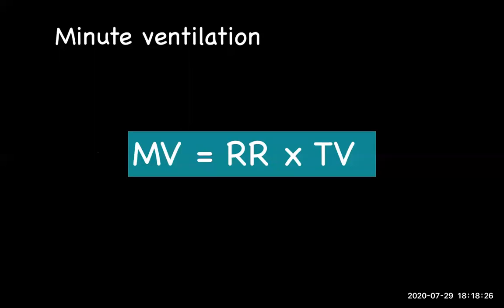However, as quickly as possible within the first hour, you need to bring down the tidal volume to 6 mils per kg, based on how the patient is doing and based on gases and what their ventilation looks like and how you're assessing it.